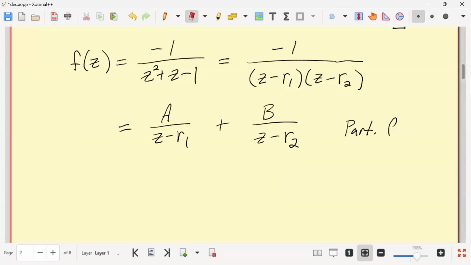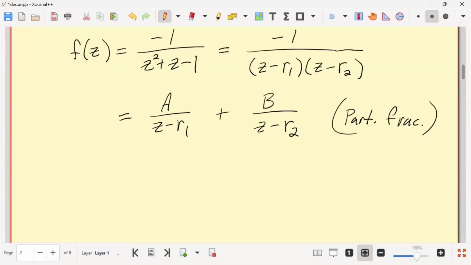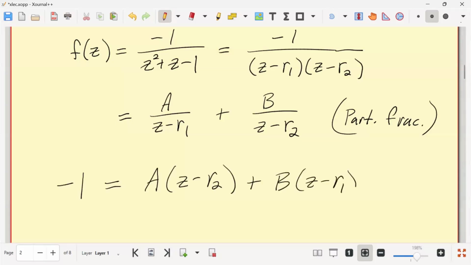And when I find out what those a's and b's are, I multiply through by the quadratic thing, z minus r1 times z minus r2. That would give me a minus 1 on the left. And it would give me an a times (z minus r2) plus b times (z minus r1).